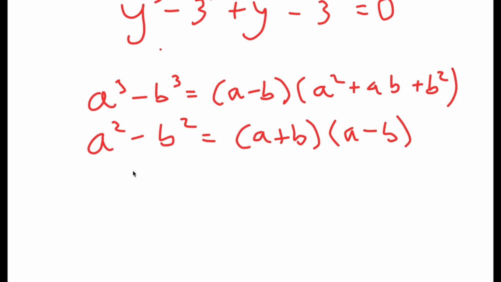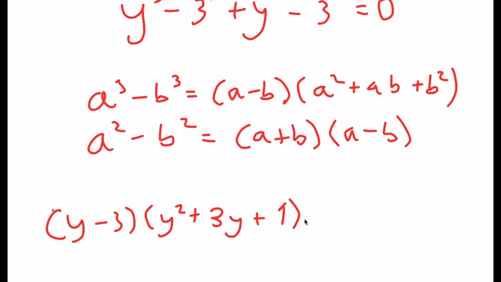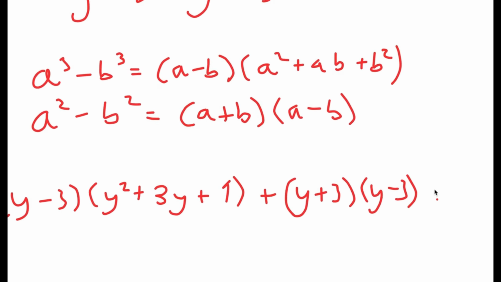So y to the power of 3 minus 3 to the power of 3 turns into y minus 3 times y squared plus 3y plus 3 squared, which is 9. And I have this plus y plus 3 times y minus 3. And remember, all of this is equal to 0.